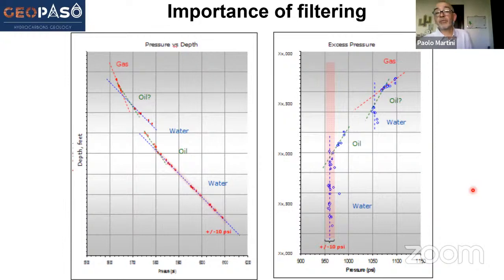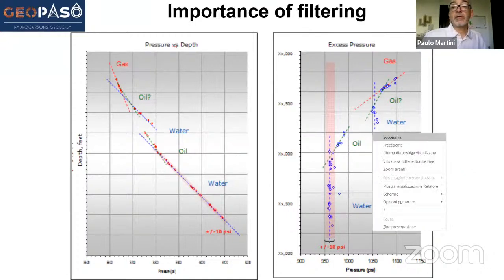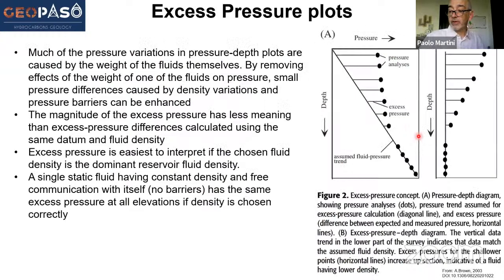Here on the right, there is the excess pressure plot, which is what I am going to introduce next, which is a very useful additional tool to interpret the data. It's based on a simple concept: most of the pressure variation in the pressure depth plots is caused by the weight of the fluids.